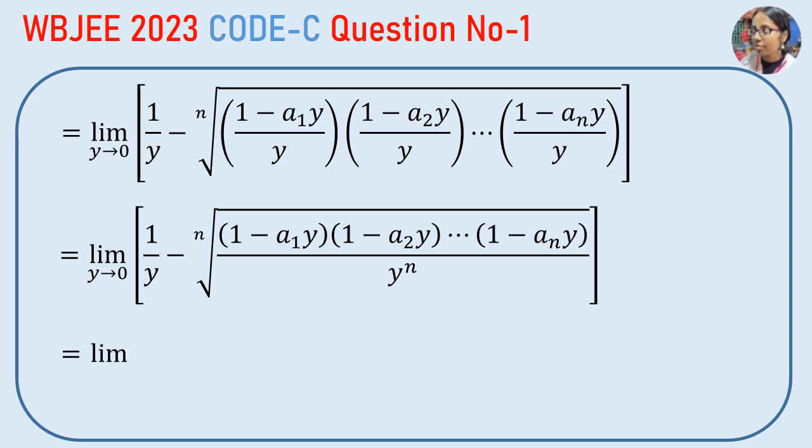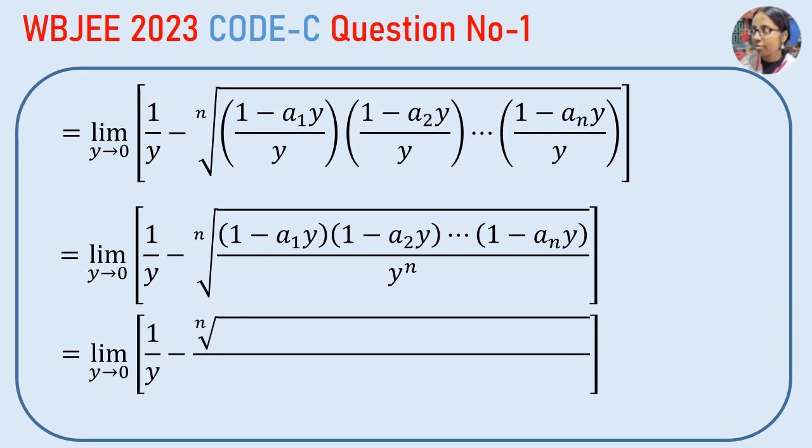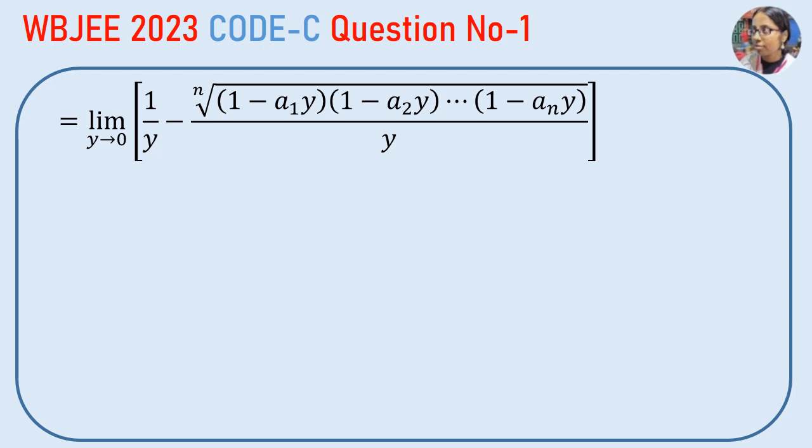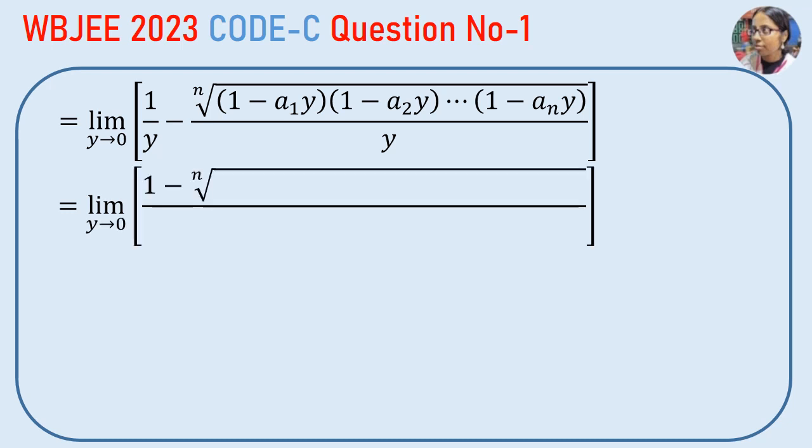On simplification, we get limit y tends to 0, (1 minus nth root of (1 minus a1y)(1 minus a2y)...(1 minus any)) divided by y.